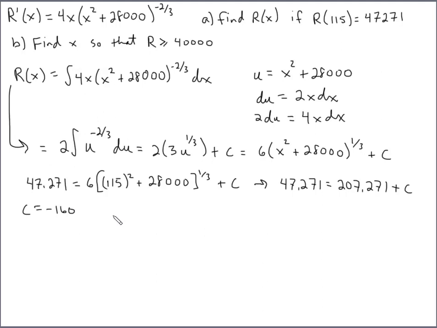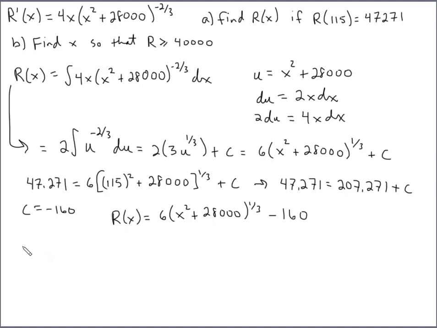Okay, so that means that our revenue function is r of x is equal to 6 times x squared plus 28,000 to the 1/3 power minus 160. So that's the answer to part A. And so for part B, we want to figure out how many items we have to sell to get $40,000 in revenue.